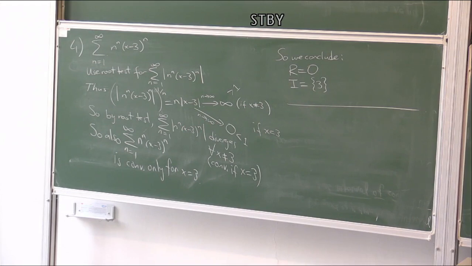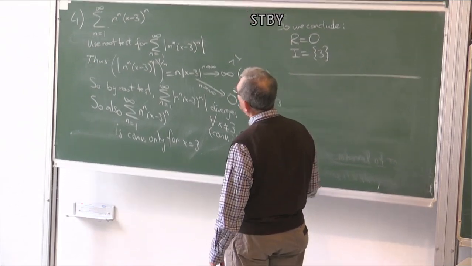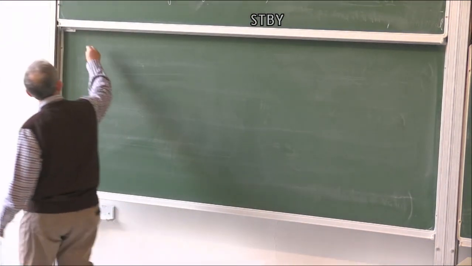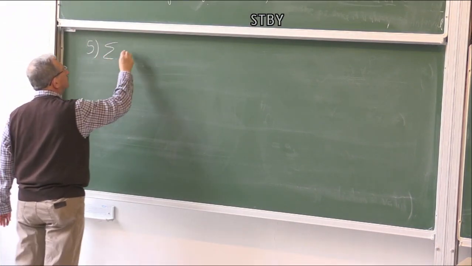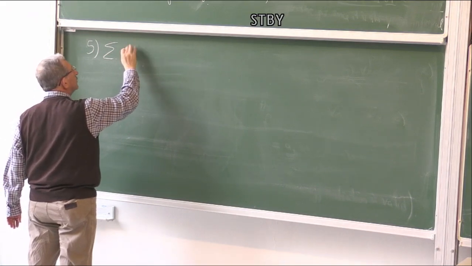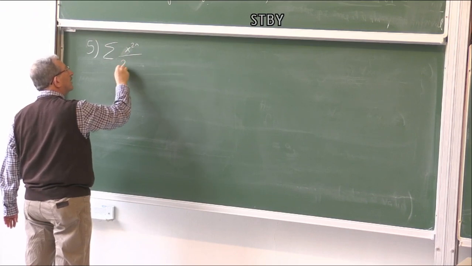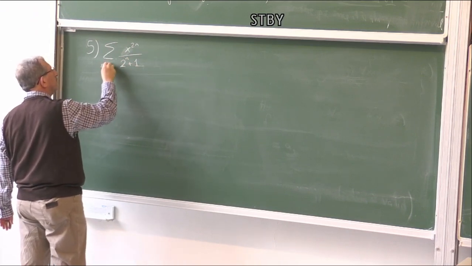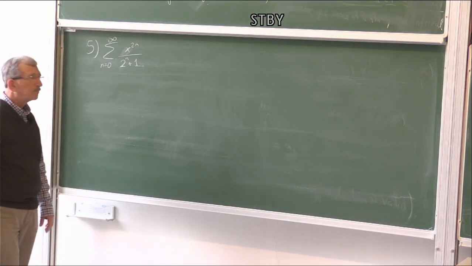Now, a last example on finding radii and intervals of convergence. Consider the series, the sum from 0 to infinity of x to the 2n divided by 2 to the n plus 1.